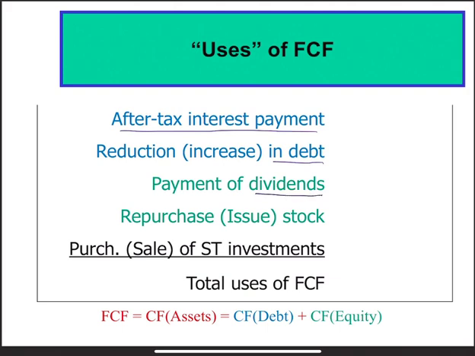They can use it to repurchase or issue stock. They can purchase short-term investments. Okay, just a reminder, free cash flow is equal to our assets, which is equal to our cash flow to debt plus cash flow to equity. Okay, so again, this is all based on cash flows.